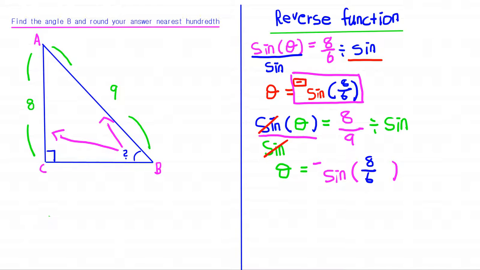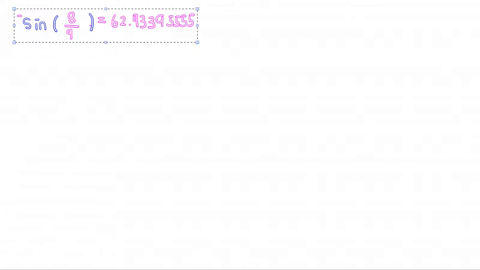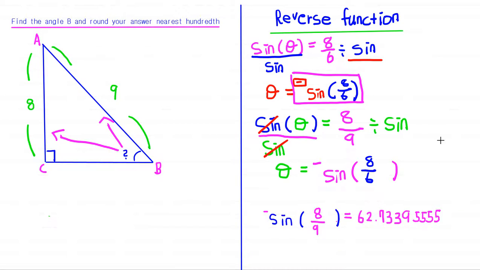I already calculated this expression, reverse sine of 8 over 9, and it is equal to 62.7339555, and it keeps going on. Let me copy and paste this expression to this page. If you round this answer to the nearest hundredth, it's going to be approximately 62.73.